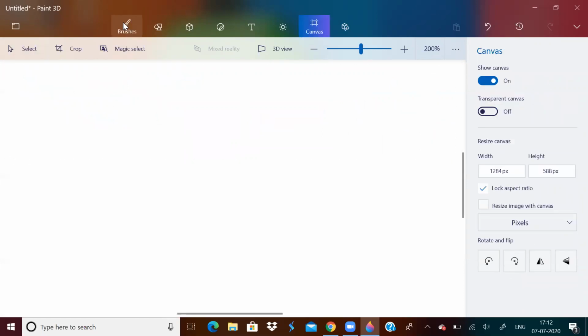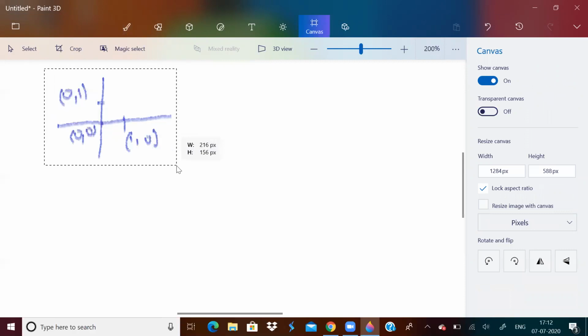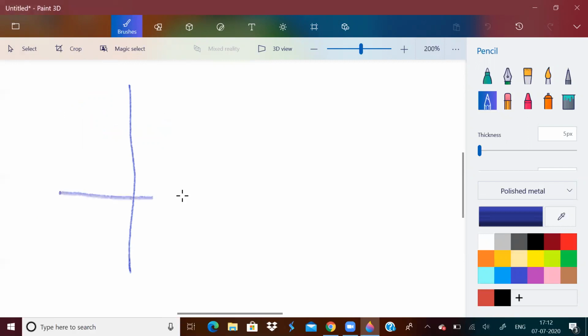I'll draw the coordinate system here. For example, let there be a package at 1, 0 and let there be a package at 0, 1. And initially, where is the robot? The robot is at 0, 0. I'm sorry, let us draw a bigger diagram. So let us say this is 0, 1.